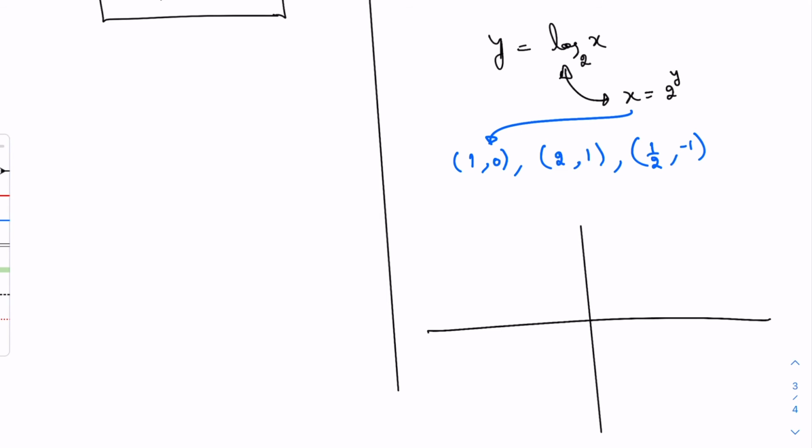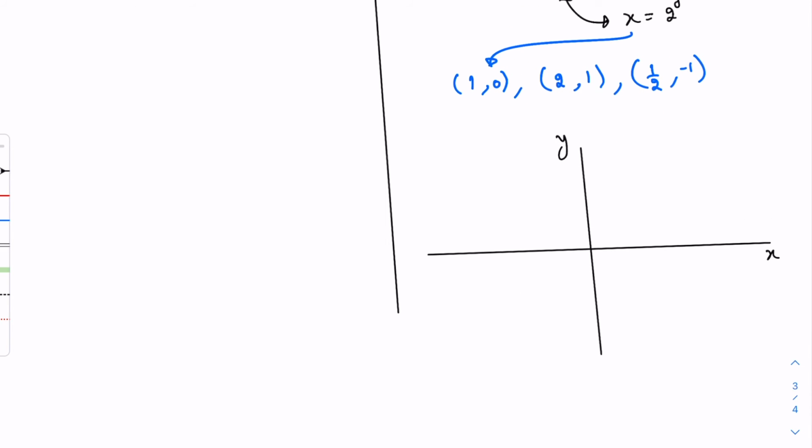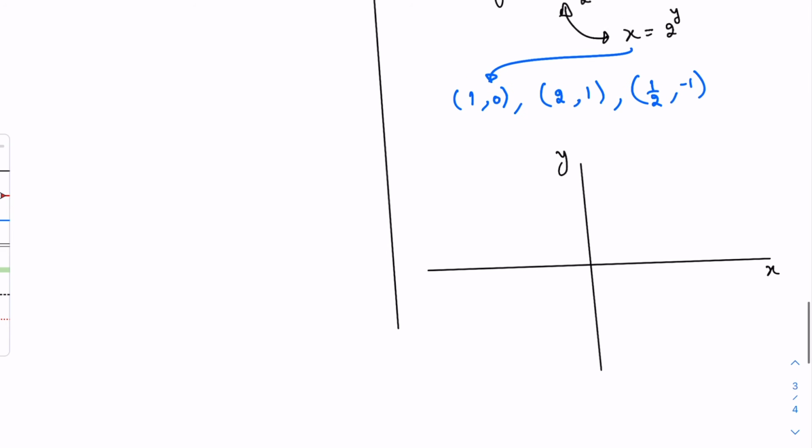So let's draw it. This is my input and output axis, and I'm going to plot these points. I have (1, 0), which is going to be here, (2, 1) is going to be somewhere here, then I have (half, -1), so that is going to be here, and if I join all these points, the curve is going to look like this.